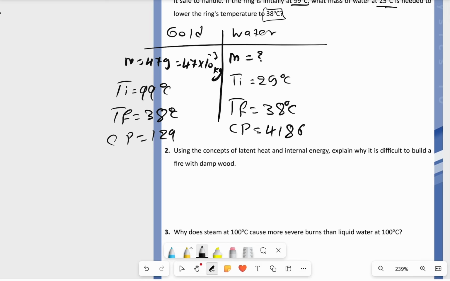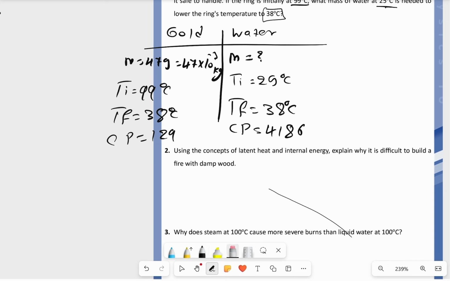So it's going to be really difficult. And since the wood is damp, it's going to have a lot of potential energy, so overcoming that potential energy is really difficult and needs a lot of energy. That's why building a fire with damp wood is difficult.